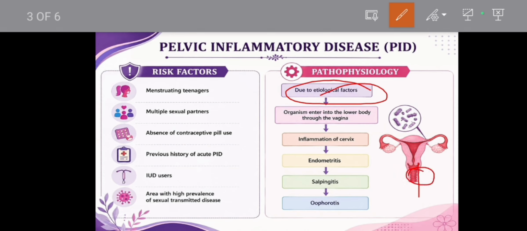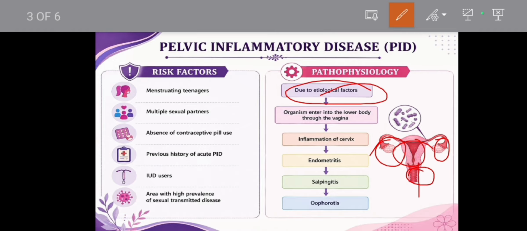The infection then spreads upwards and causes endometritis, inflammation of the uterus, and oophoritis, inflammation of the ovaries.